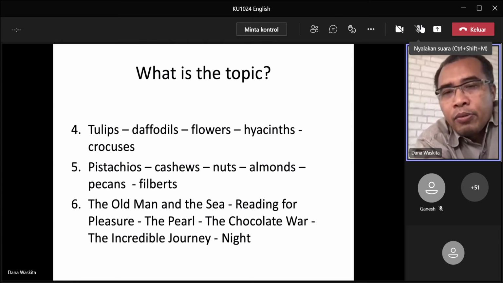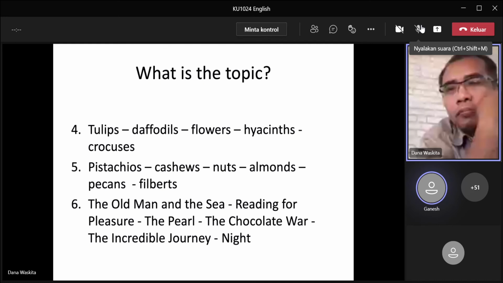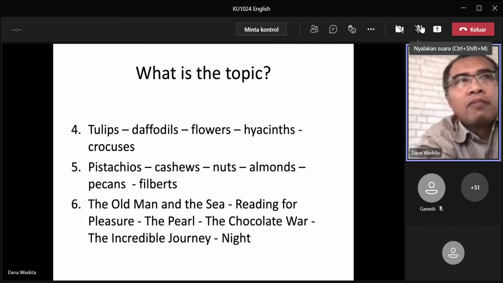Now, number six, what do you think of this? Reading for pleasure, because the others are titles of books, titles of novels. Okay, so a novel is what, then? A kind of book for pleasure.